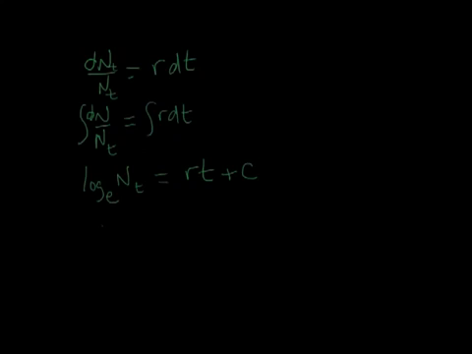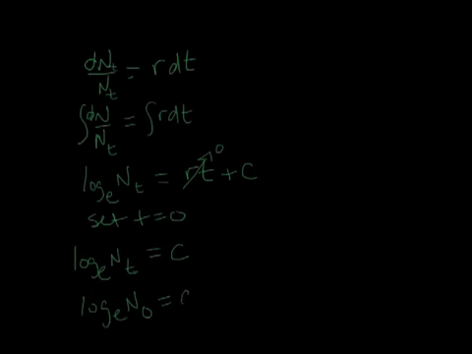Since we want to know n at t with respect to n at time 0, if we set time equal to 0, then this cancels out, and you get log base e of n at t is equal to c, and since t is 0, that means log base e of n0 is c.